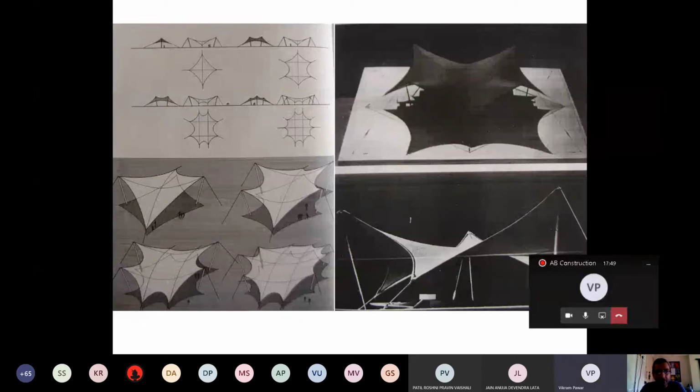So we'll categorically go through some of the systems that last time he already introduced, but we need to understand that form making is everything in some sense.